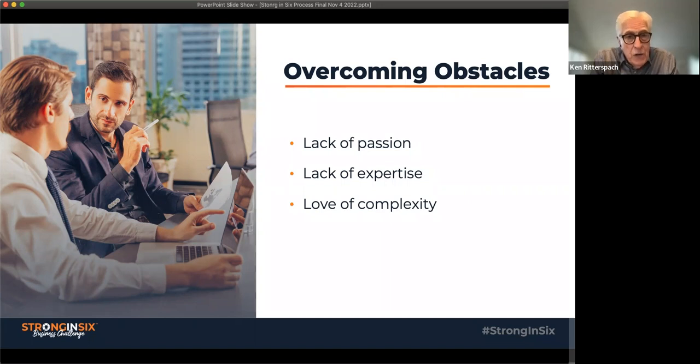Behind those bullets on your process documentation, if you think of an electronic version, you can have other links that give more detail. And one size does not fit all. I've got a client in the medical device business. For them, process is a very serious deal because of compliance issues and medical regulations.